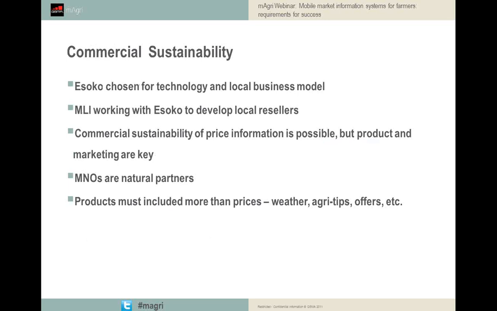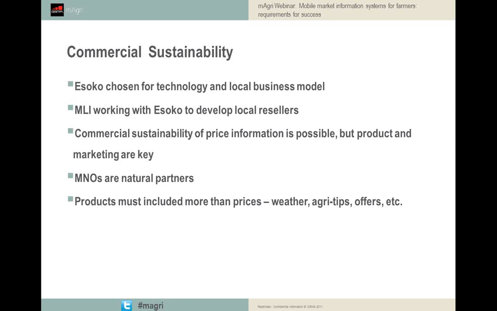When we chose Esoko, we did it to get a complete off-the-shelf package, but also because they have a local business model of franchising country operations, and providing both technology and content for partners that would be interested in MIS.